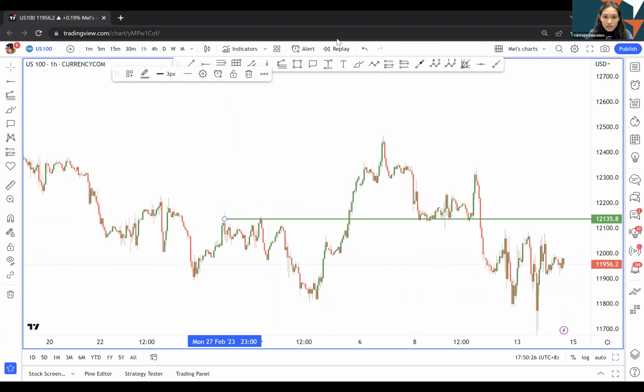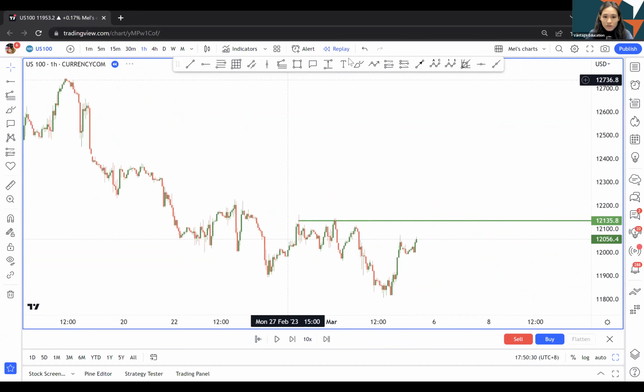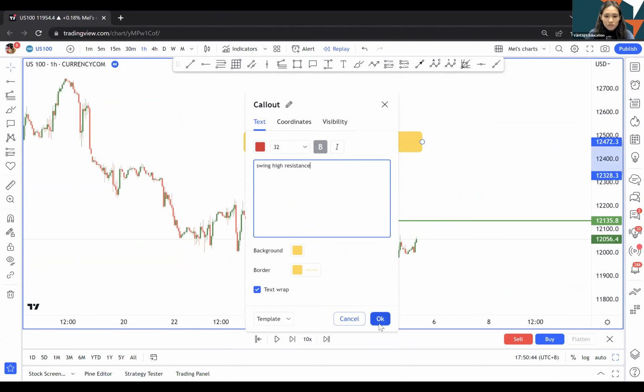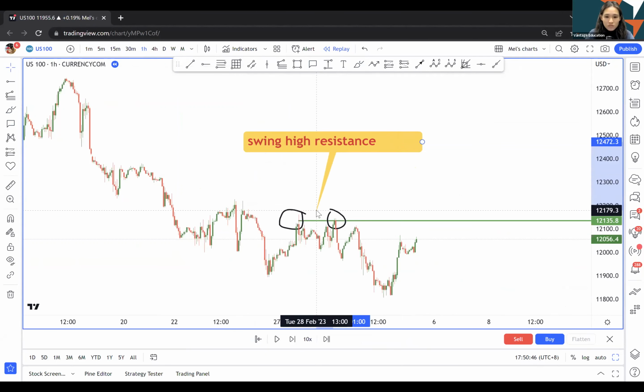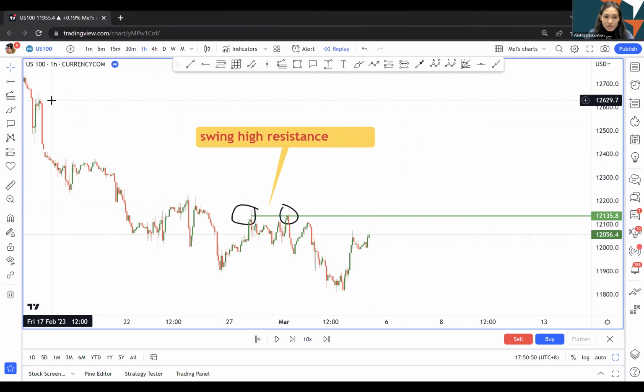So if we take a look here now, we can see there are multiple swing highs here, making it a swing high resistance. Okay, and now we are expecting price.